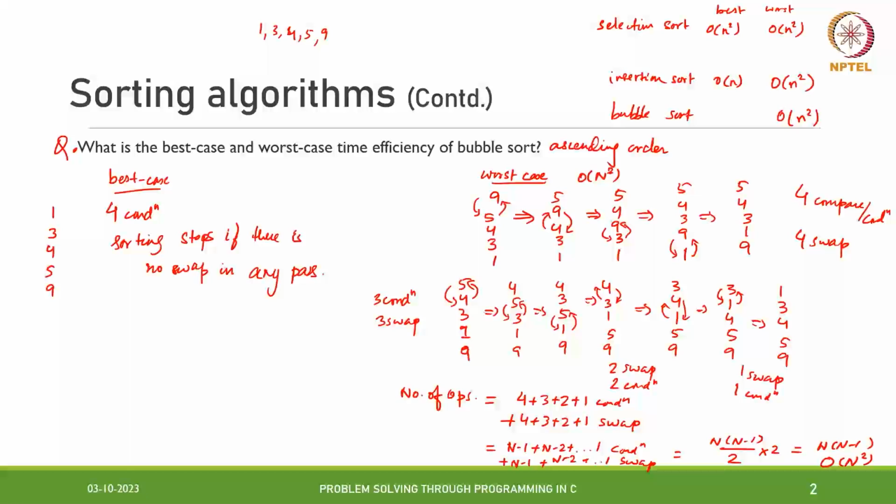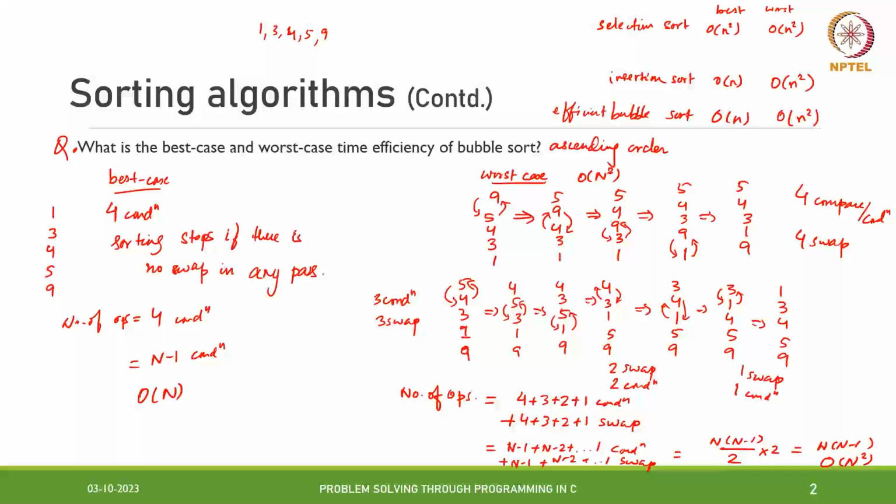It will just do 4 comparisons between 1 and 3, 3 and 4, 4 and 5, and 5 and 9. So number of operations is 4. There are 4 conditionals. That is n minus 1 conditionals, order of n. So best case efficiency of bubble sort is order of n. That is an efficient bubble sort. Efficient bubble sort is order of n.